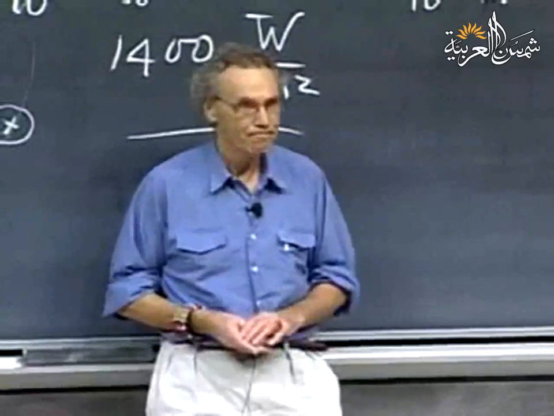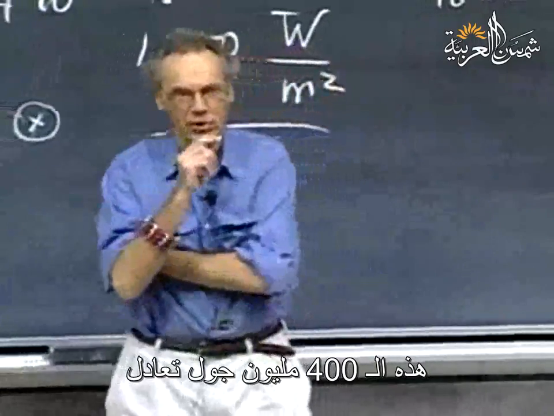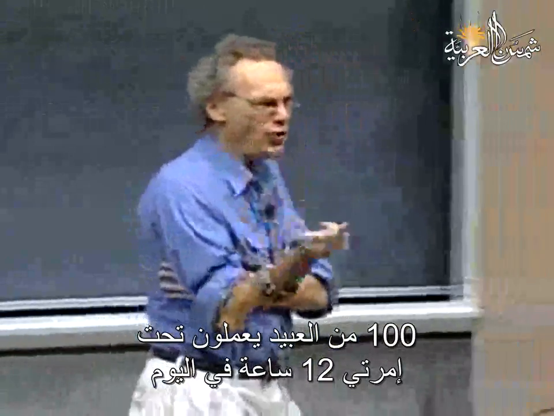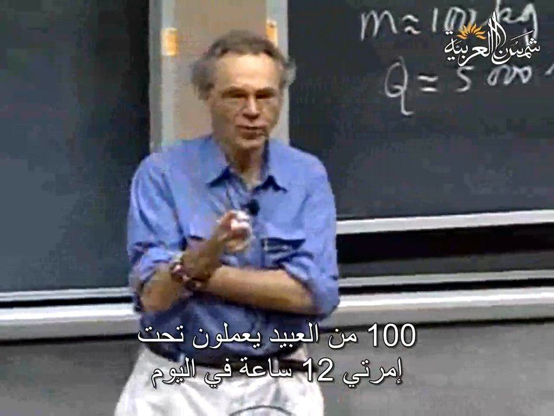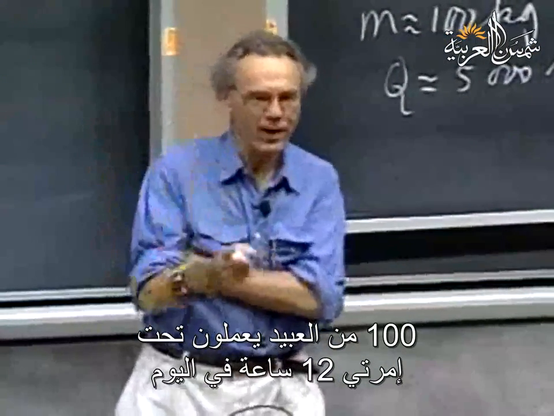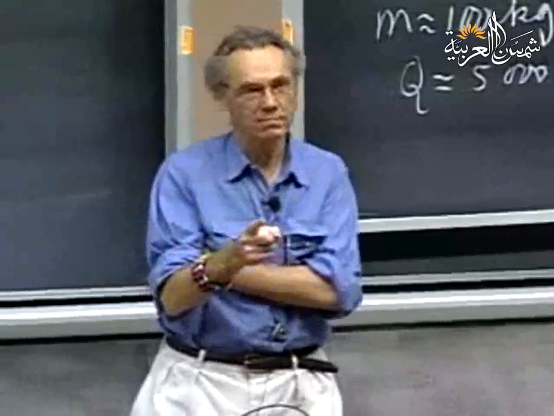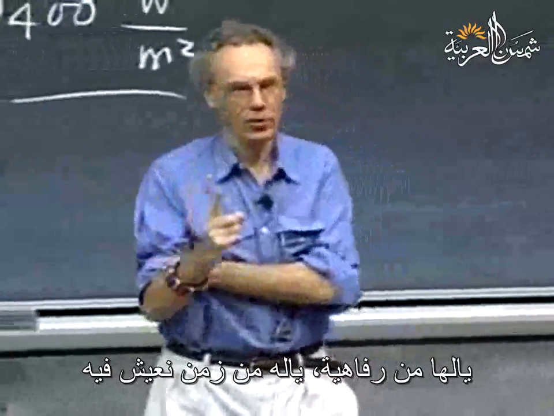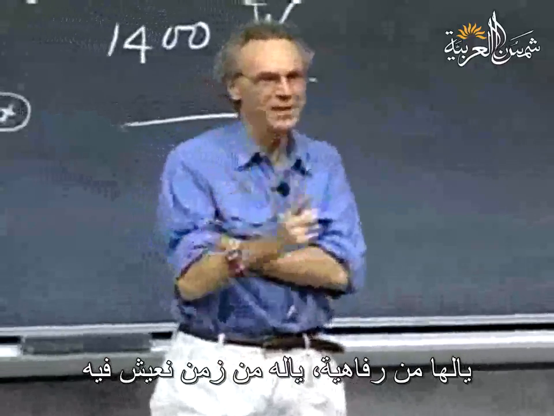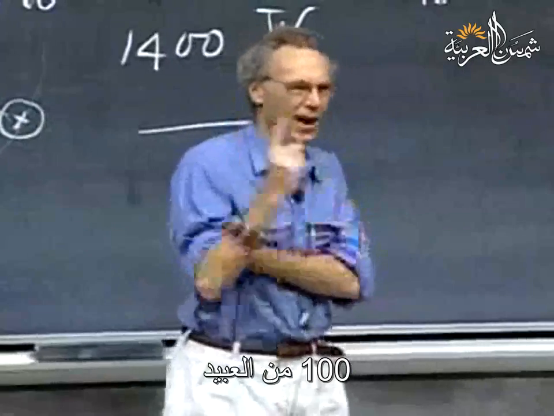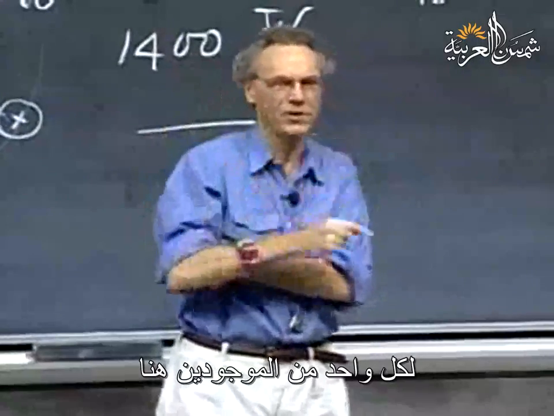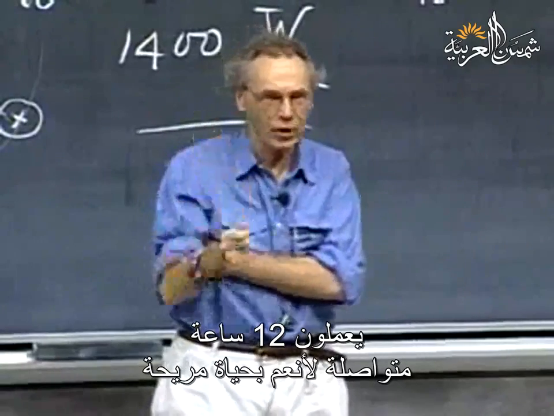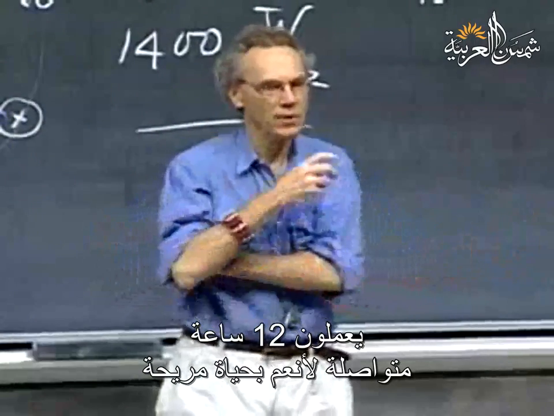per day. That 400 million joules per day is the equivalent of having 100 slaves working for me like dogs 12 hours a day. Think about that. What a luxury, what an incredible time we live in. 100 slaves are working for every single person here in my audience, 12 hours a day, working like dogs to make you live comfortably.